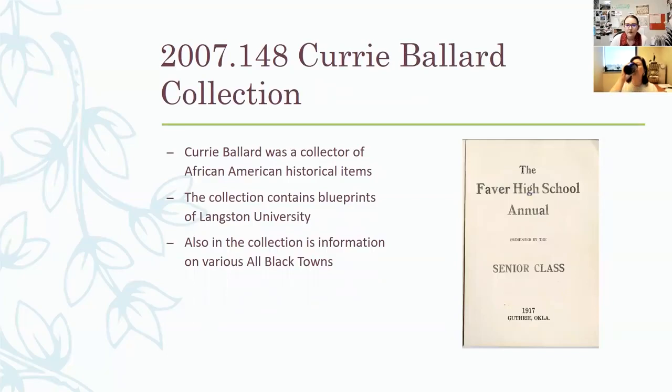Another collection that we have is the Curry Ballard collection, and he was a collector of African-American historical items. It contains things like blueprints, and there's a lot of information on a lot of the all-Black towns that were in Oklahoma.